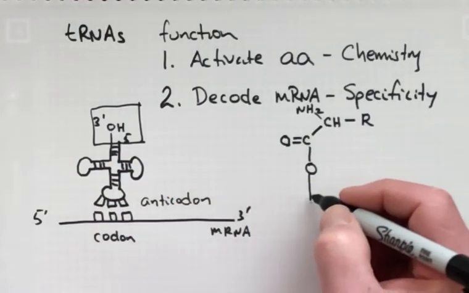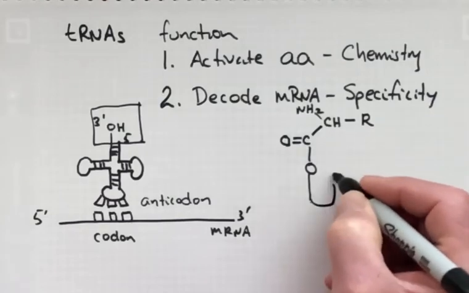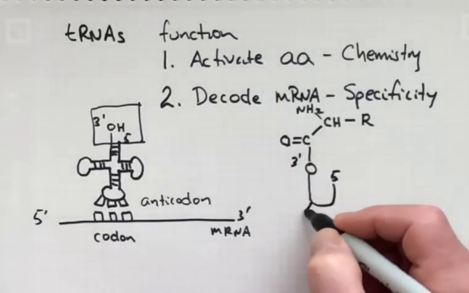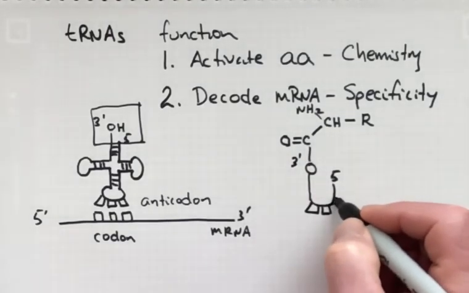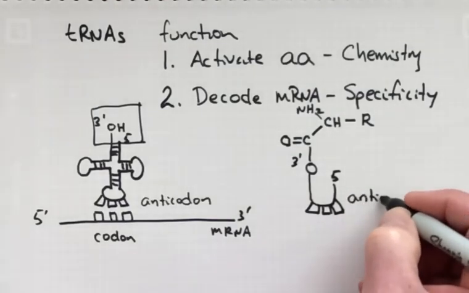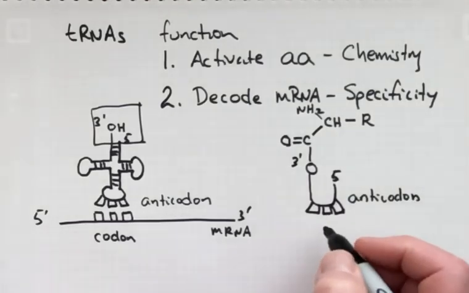And then the rest of the structure is fairly complicated to draw, so sometimes I abbreviate it even further and just make like a little fish hook. Here's the 3' end, the 5' end, and then I still have room to think about the anticodon for this reduced cartoon form of the tRNA.